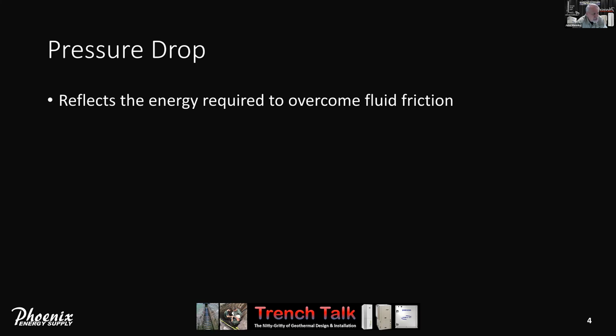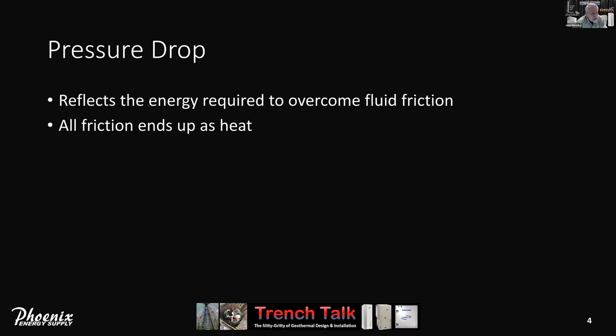And fluid friction is a function of temperature, flow rate, and viscosity. So there's a few things that go into it. But the friction all ends up as heat. And it's important to remember that because excessive pumping energy is essentially adding heat to our geothermal fluid.